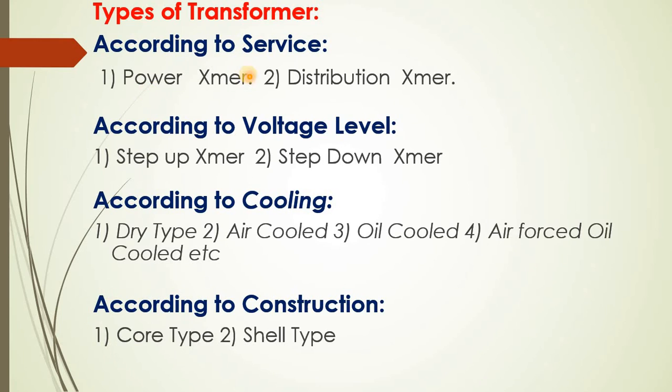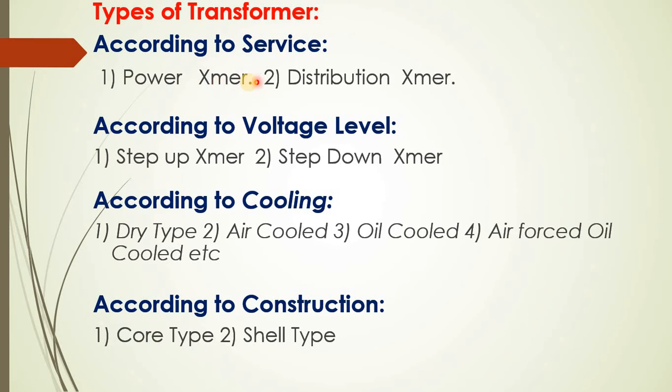Now, what are the types of transformer? There are various categories to define the transformer. First, it is according to service, meaning where the transformer is erected and what the function of the transformer is. First, there are power transformers.